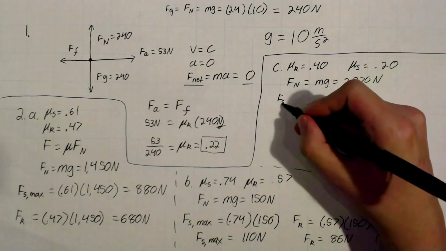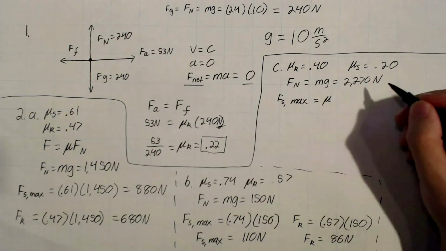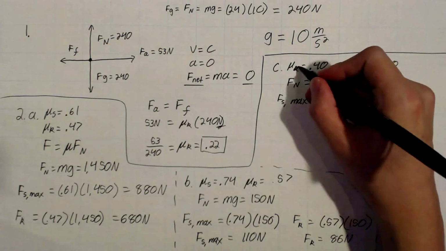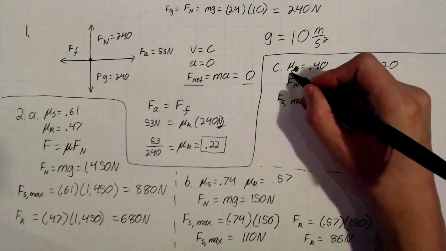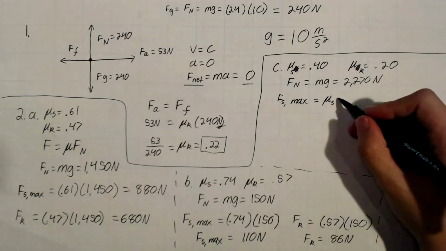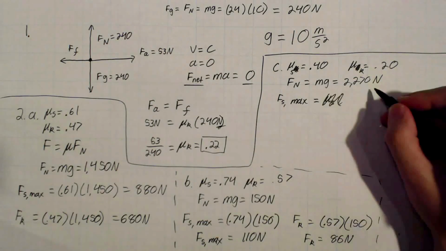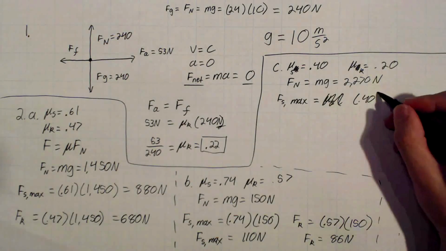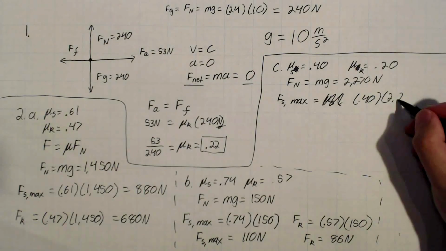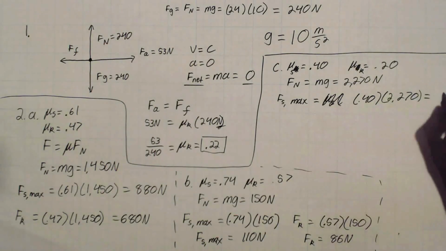So for our static max, it's just going to be the coefficient of, did I write these backwards? I did. My bad, I'm sorry. So it's just going to be our static coefficient, 0.40, times our normal force, which is 2270, which will give us 908 newtons.